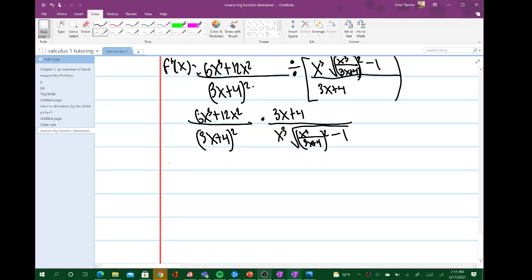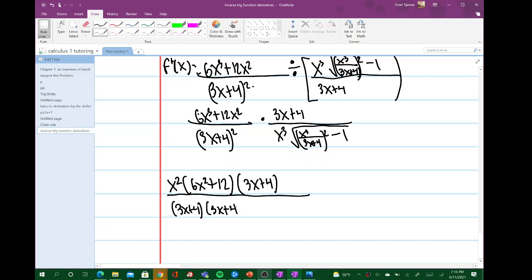So number one, you have x squared times 6x squared plus 12, and then you have a times 3x plus 4 all over 3x plus 4 times 3x plus 4 times x squared times x times the square root of x cubed over 3x plus 4 quantity squared minus 1.